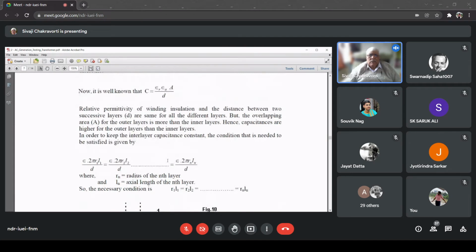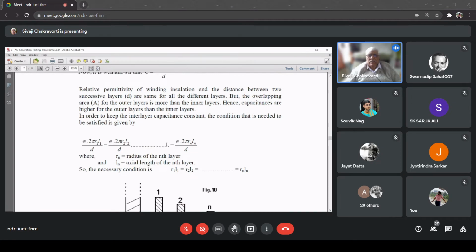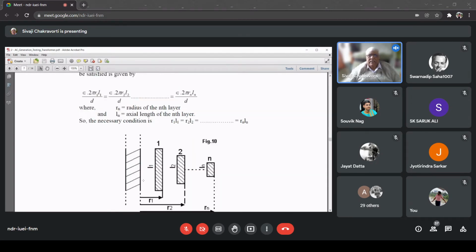So if I want to make this C the same, what I will do is change the length of the winding. Or in other words, look at this here. R is the radius of the nth layer. L is the axial length of the nth layer, which you can see from the diagram. And D is the inter-layer separation distance, which is generally kept the same.